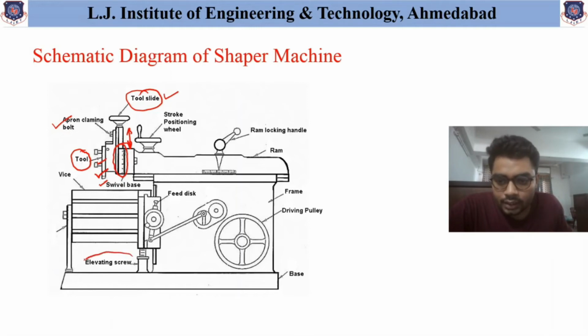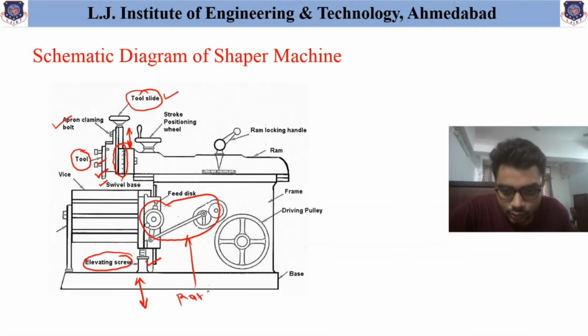Here the elevating screw is provided, and this elevating screw helps to maintain the up and down movement of the work table. Similarly, over here one mechanism is shown which helps to obtain the automatic feed movement of the work table, and this mechanism is called the ratchet and pawl mechanism.